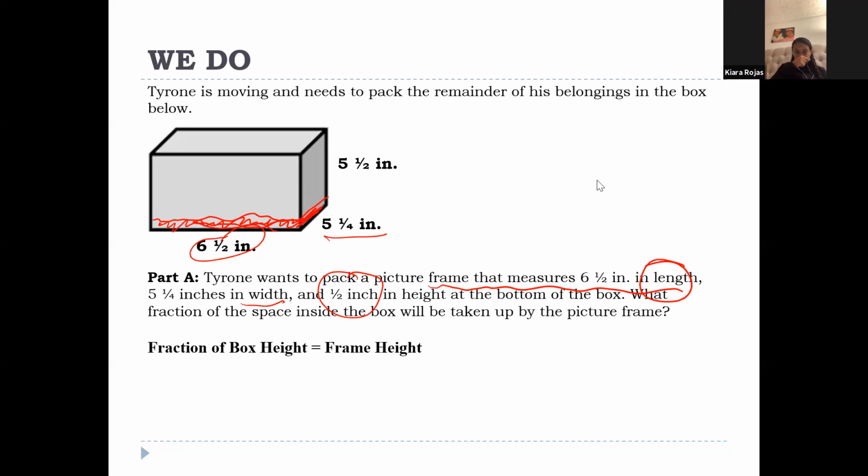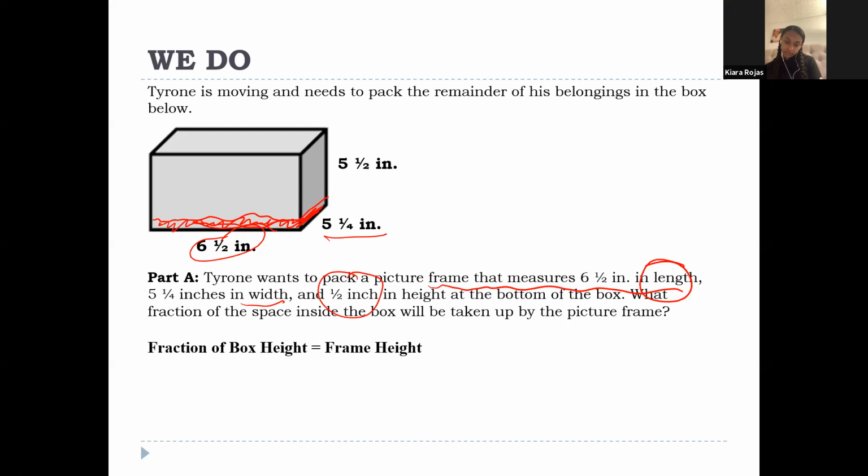Okay, so I think that the length and the width, you're going to have to multiply them in order to find the inside space of the picture frame, but I also think you have to multiply the height. Okay. So the length and the width and the height of what?